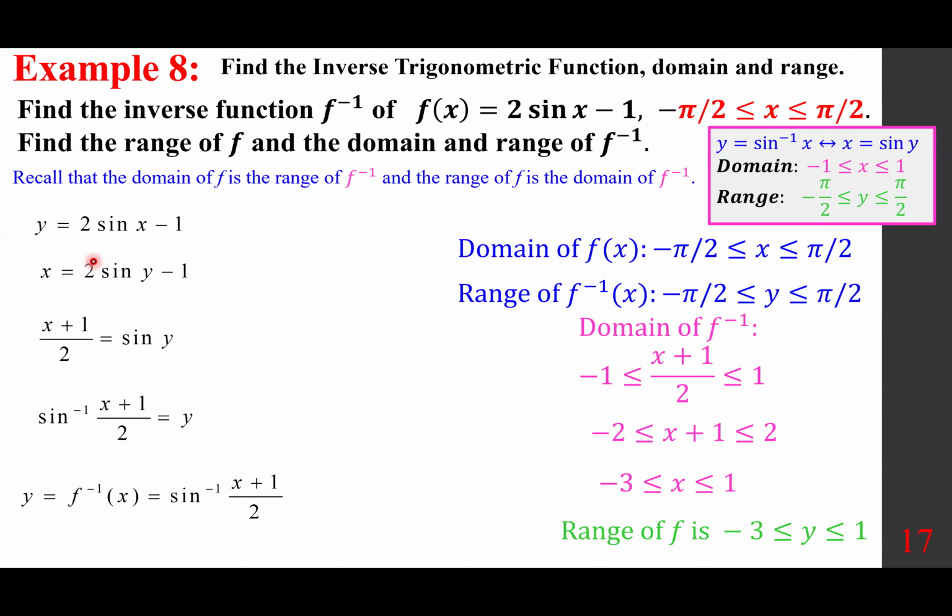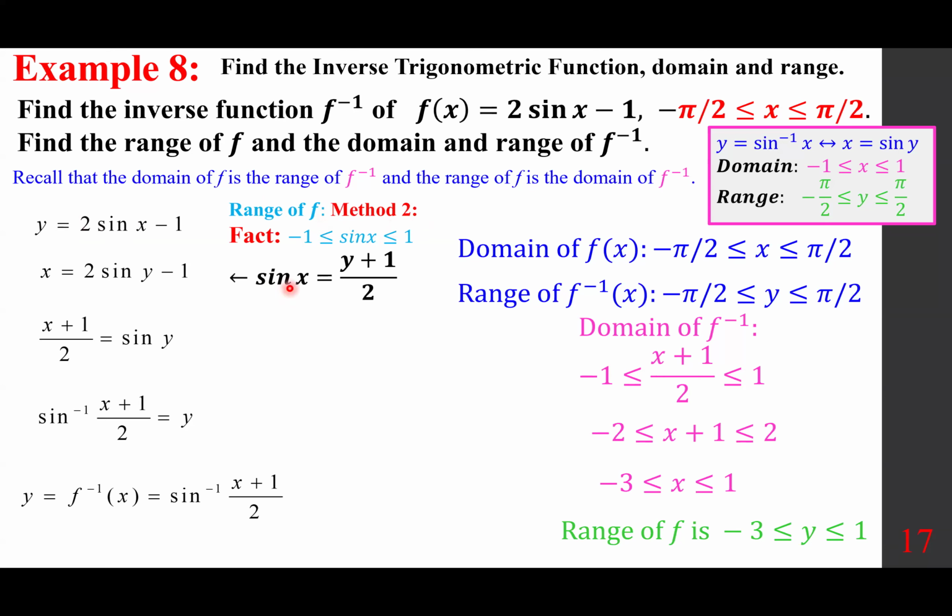We go back here, and we want to find the range of f. Remember, y represents the range. To find the range of f with the second method, we know sine x is between negative 1 and 1.